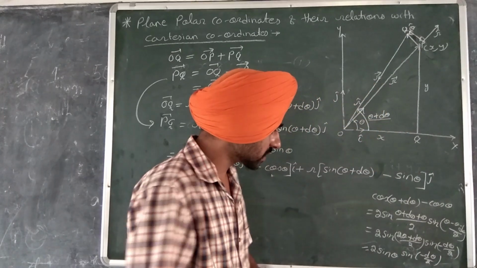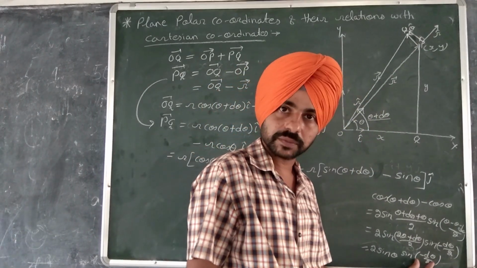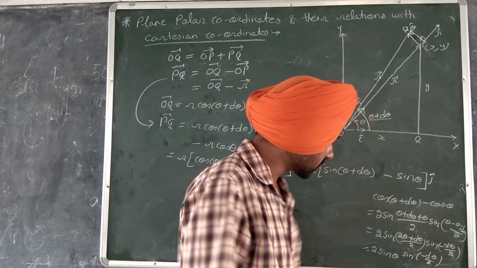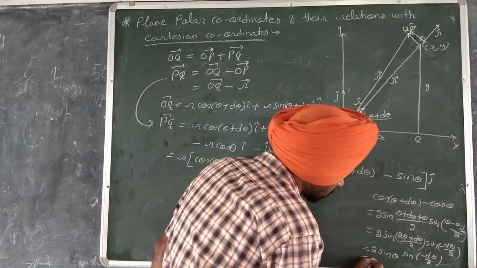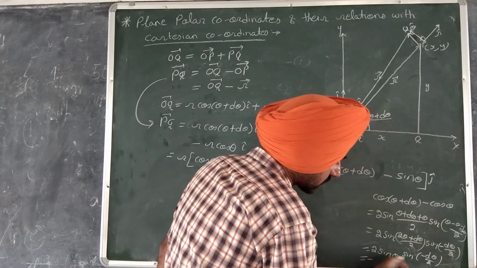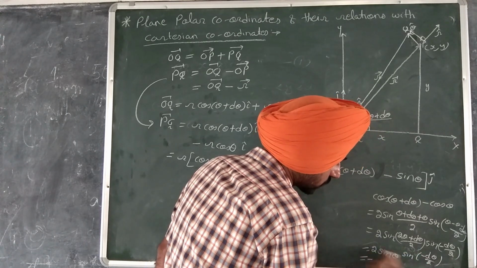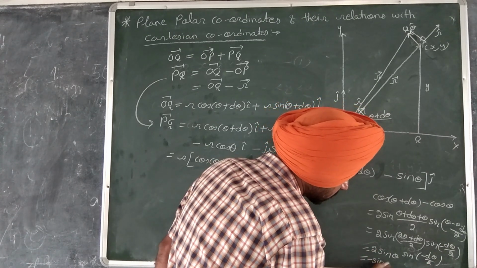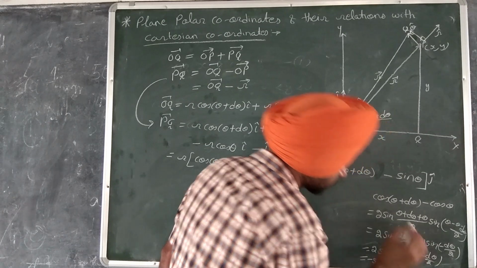Since d theta is very small, sin of a small angle is the angle itself. So sin(minus d theta/2) is minus d theta/2, and we can write it as minus 2 sin theta into d theta/2. The 2 is cancelled by 2, so it is minus sin theta d theta.